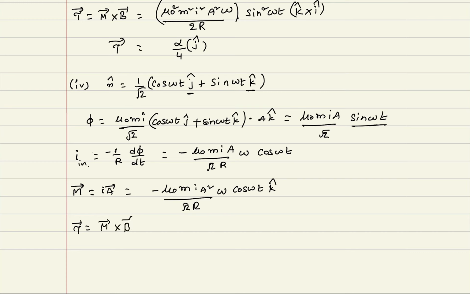Now torque is equal to m bar cross b bar. We can see m bar is in k cap and b bar is j cap and k cap, so you can write the value as minus mu naught square m square I square A square omega divided by root 2 into root 2, 2R, and cos omega t. So you can write cos square omega t k cap cross j cap. So k cap cross j cap we can write as minus I cap.